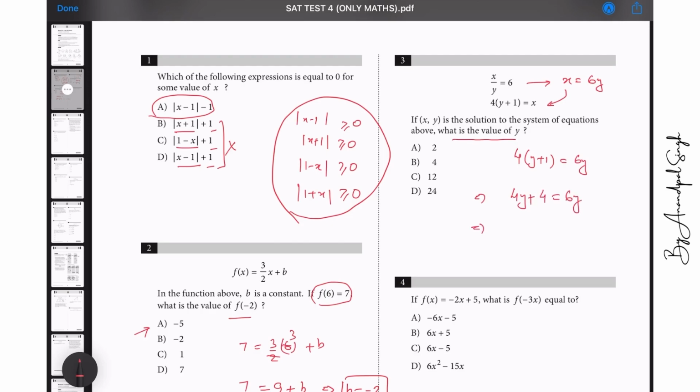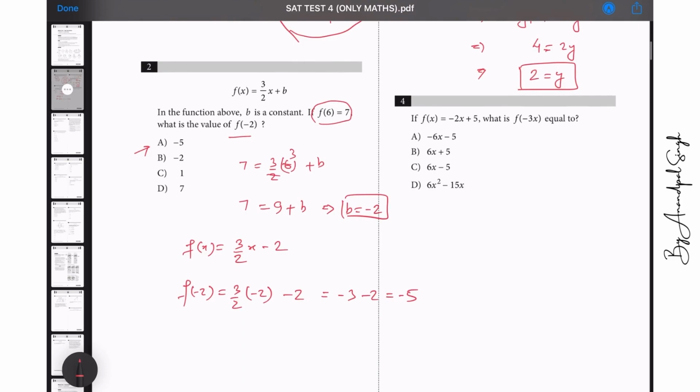We have just multiplied this 4 with both of them. After that, we can write 4 equals 2y because I've subtracted 4y from both sides, then dividing by 2, I get 2 equals y. It means the value of y is 2. That is option number A.